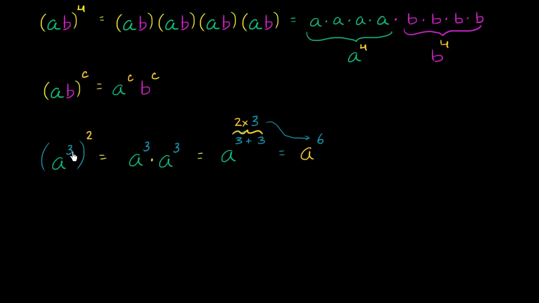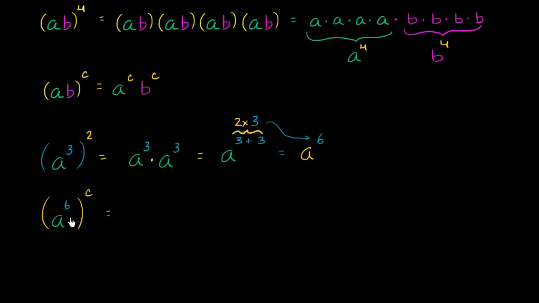When I raised something to one exponent and then raised it to another, that's equivalent to raising the base to the product of those two exponents. I just did it with this example, but I encourage you, try other numbers to see how this works. And I could do this in general. I could say a to the b power, and then I'm going to raise that to the c power.